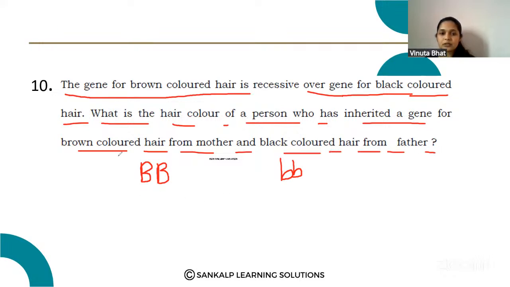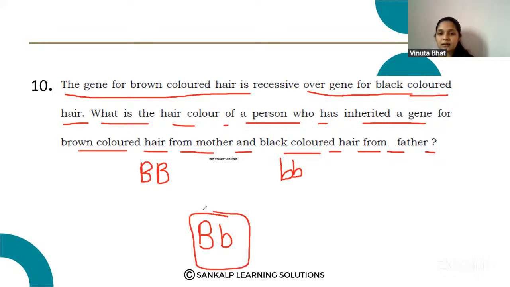Here, just imagine the baby obtained the black color from the father and small b, the brown color, from the mother. So one gene from the father and one from the mother.